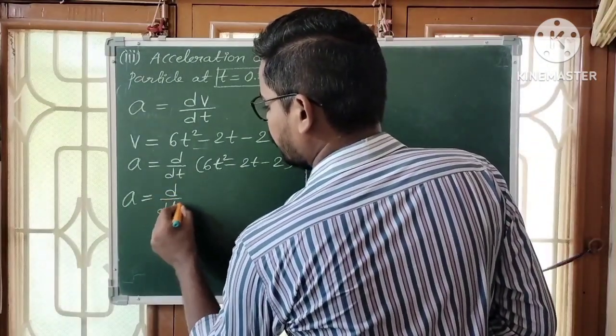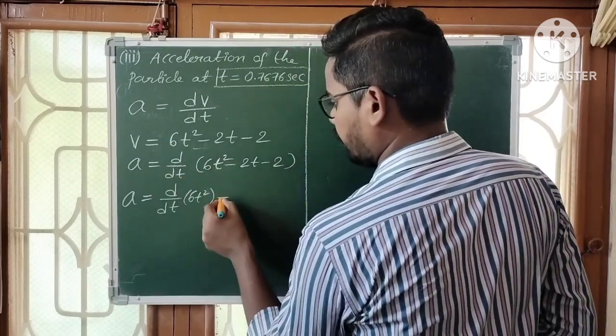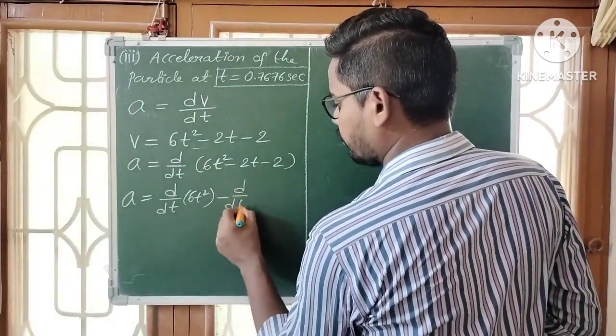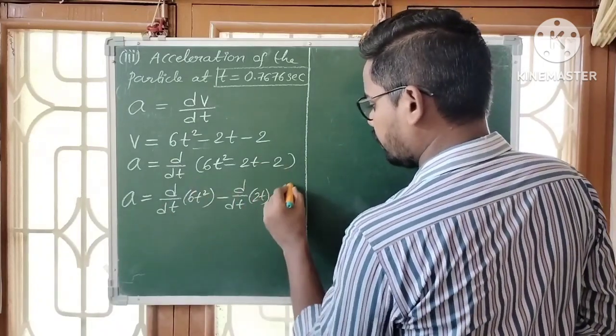Now apply differentiation. d by dt of 6t square, distribute d by dt, minus d by dt of 2t, again minus d by dt of 2.